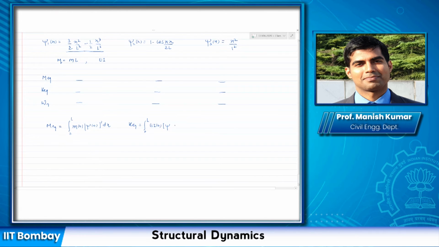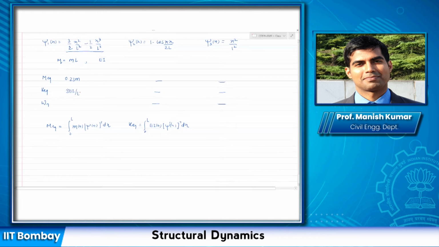So the first case, what are you getting as M equivalent? Can somebody tell me? I'm getting this as 0.23 M. Is it correct? 0.257? Yes, sir, 33 by 140. And K equivalent I'm getting as EI by L cube.